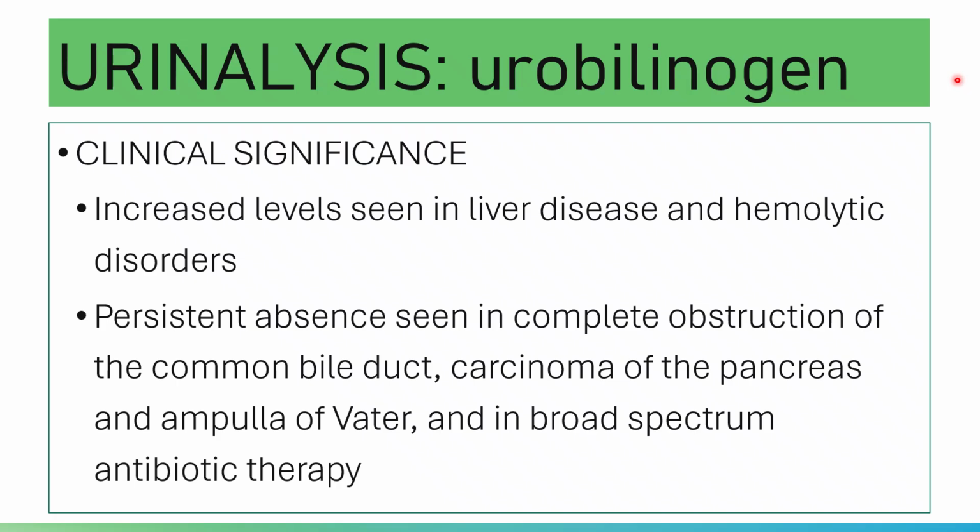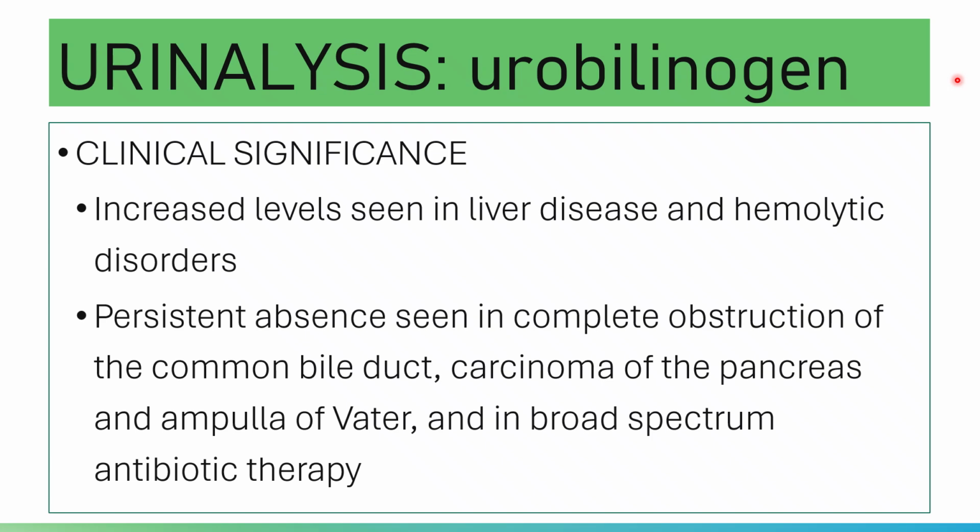So, increased levels of urobilinogen are seen in hepatocellular damage due to viral hepatitis, hepatocellular damage due to drugs, because there are hepatotoxic drugs, drugs that may damage the liver.